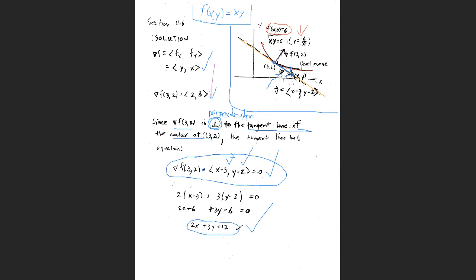Okay, so you're going to have a problem like this on your section 11.6 homework, and I wanted to just do one with you. It's a very nice problem because it just reinforces the idea that a gradient vector at a point is perpendicular to the level curve at that point.